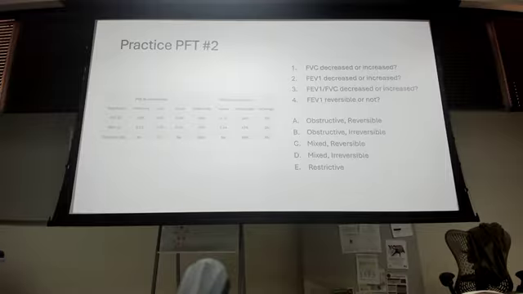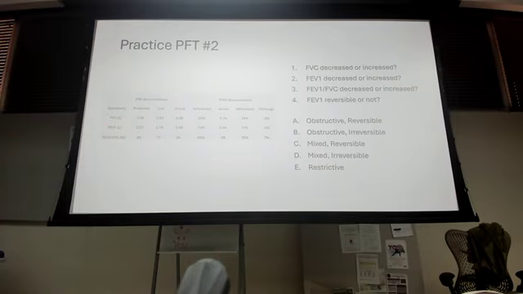All right, look at our FEV1. Did it increase or decrease? Right, so 29%, is that good? You may see that in somebody advanced, like coal miners with black lung. That could be a restrictive disorder.